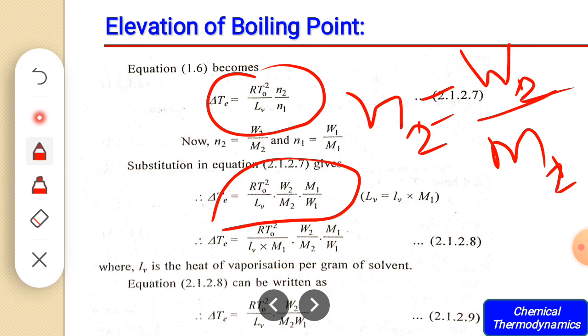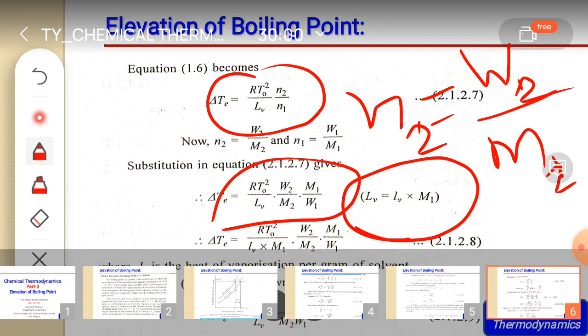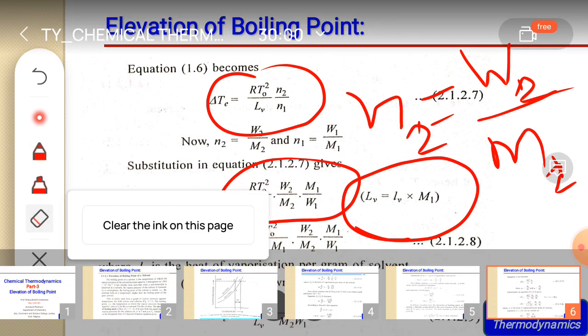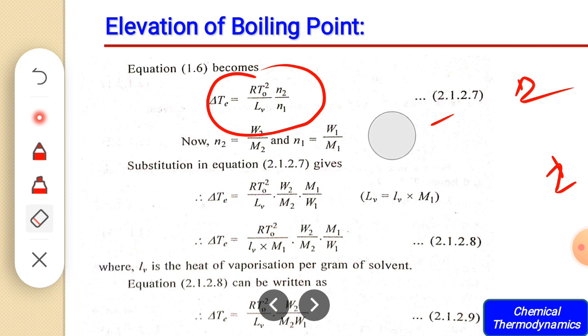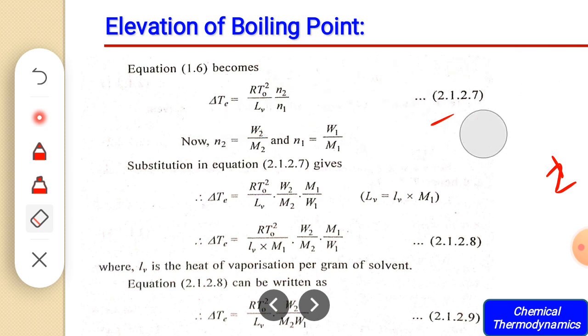Finally, the latent heat of vaporization per mole of substance is the multiplication of the heat of vaporization with the molecular weight of solvent. So Lv can be replaced here by Lv into M1.